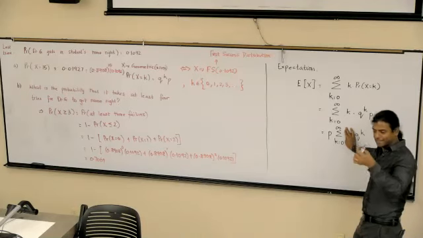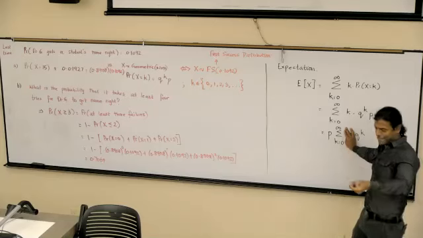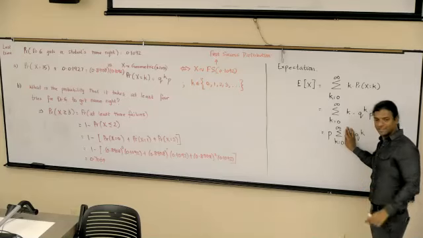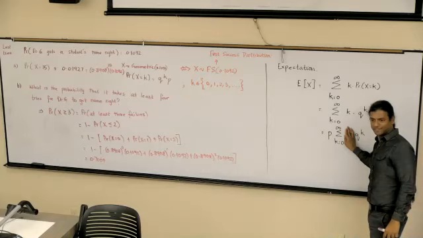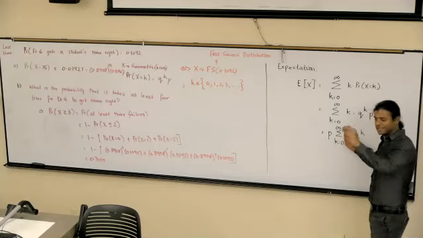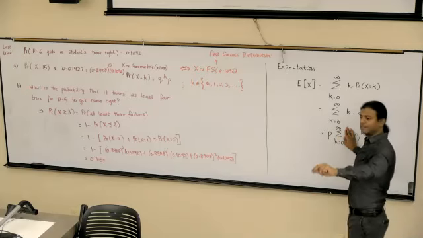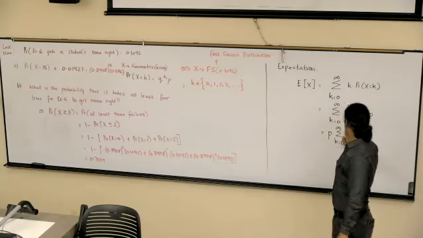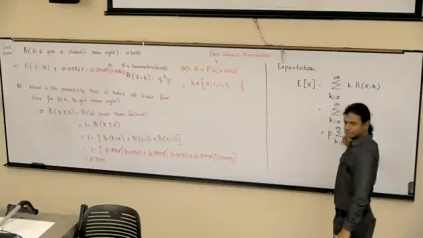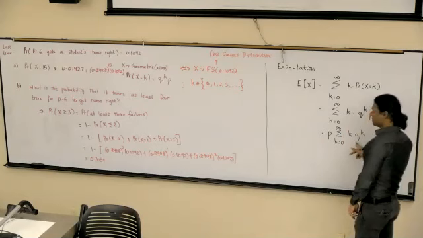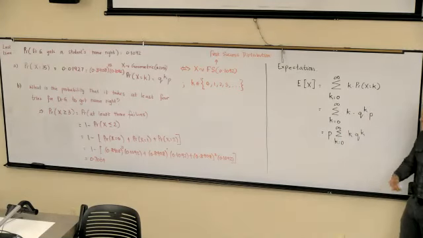If A is the term, then what is the infinite sum of a geometric series? Not the nth sum, it's not summing up to n terms. I would like to know the infinite sum. 1 over 1 minus that term, so in this case it will be 1 over 1 minus q.